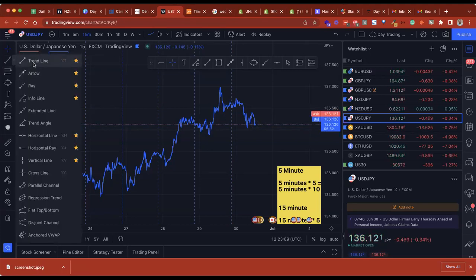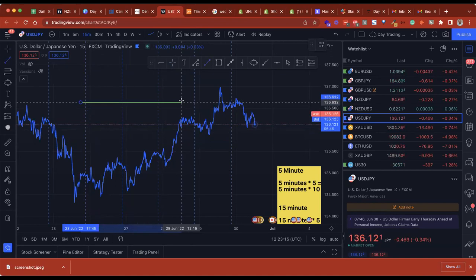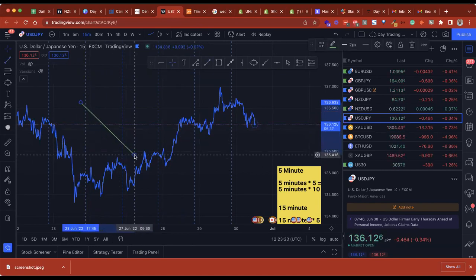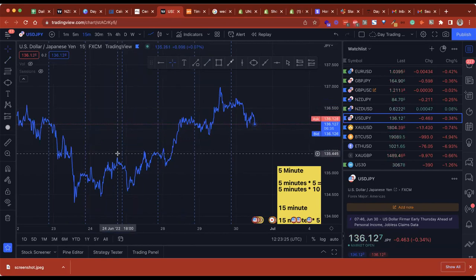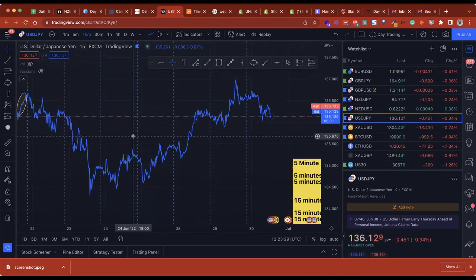We're going to use this first one right here called trend line. Like I said, if you can draw a line, whether it's completely horizontal, completely vertical, or diagonal, then you can find a trading opportunity. We're going to talk about diagonal lines first, and then get into horizontal and vertical lines as well.